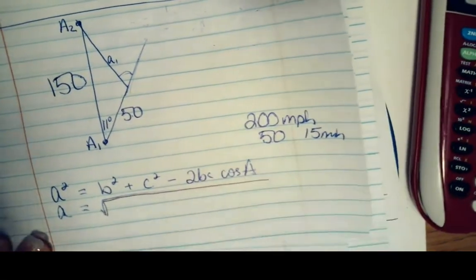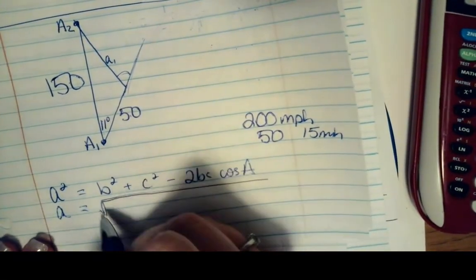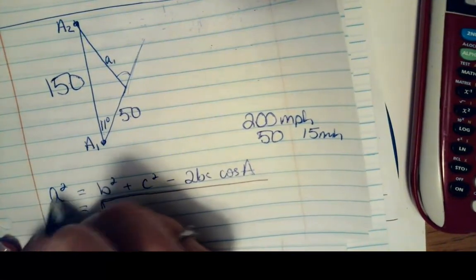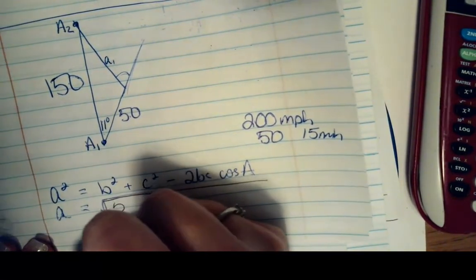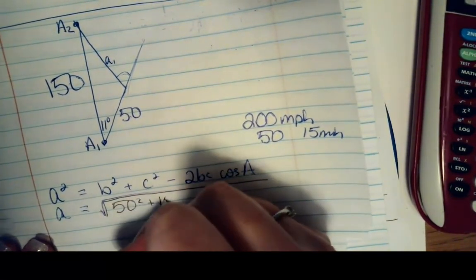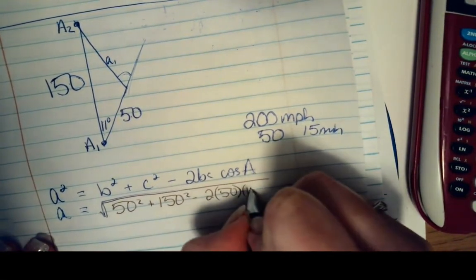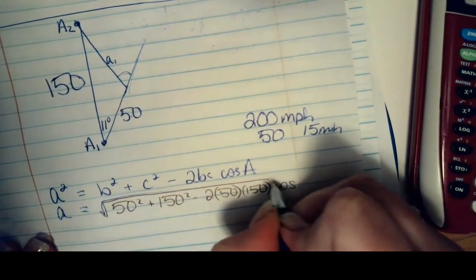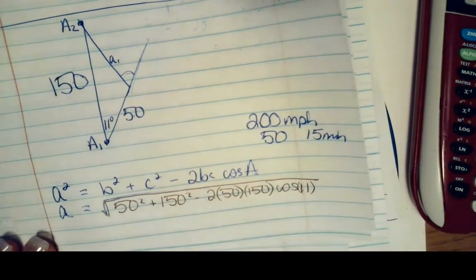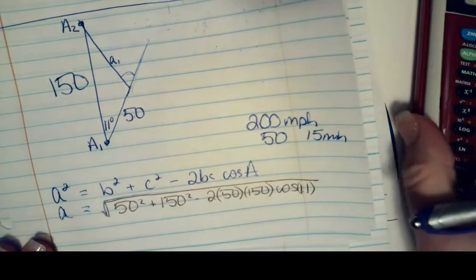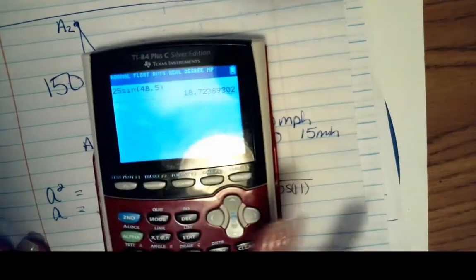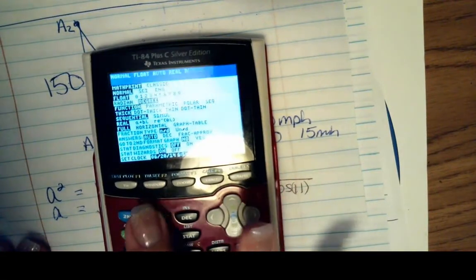All right, so I just took the square root of both sides because the square root of A squared is A. So I got 50 squared plus 150 squared minus 2 times 50 times 150 times the cosine of 11 degrees. Make sure that you are in degrees. Shall we check? We are.